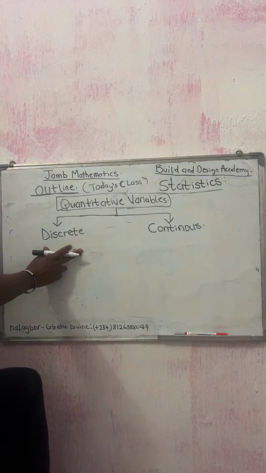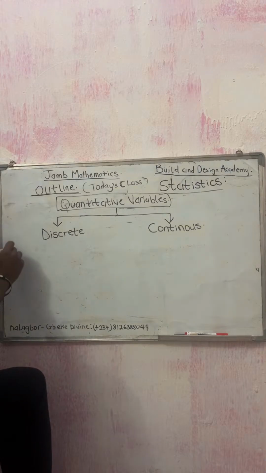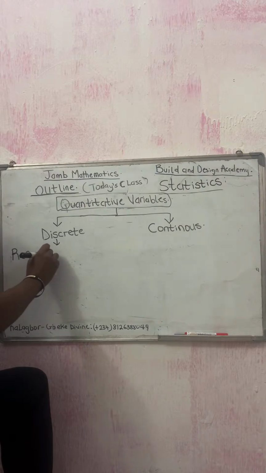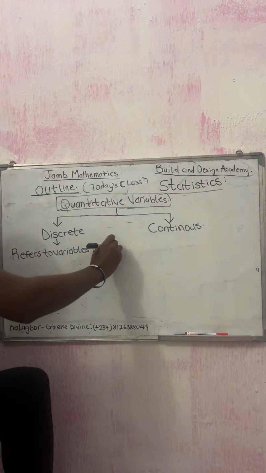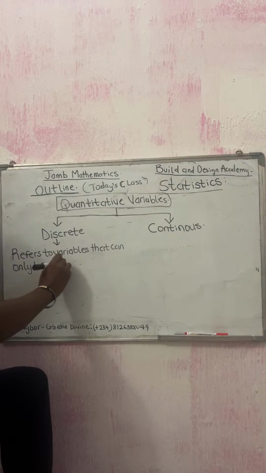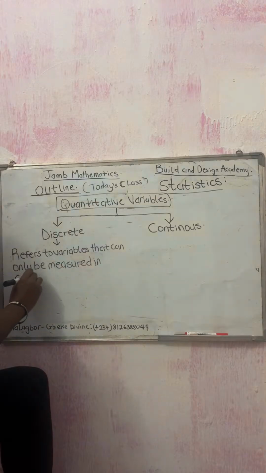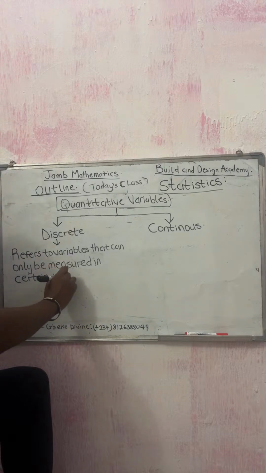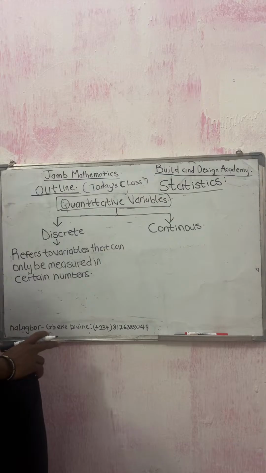Now take note, discrete refers to variables that can only be measured in certain numbers.